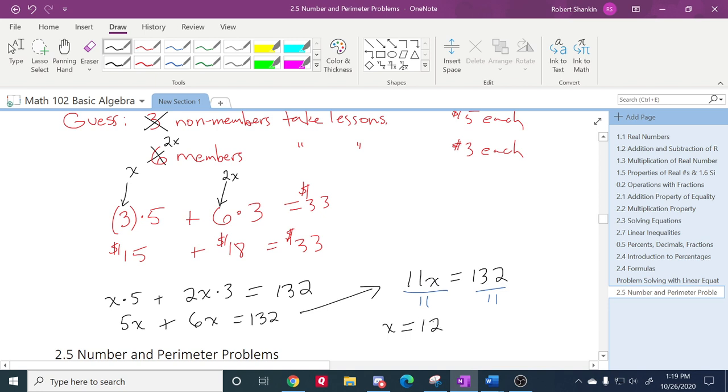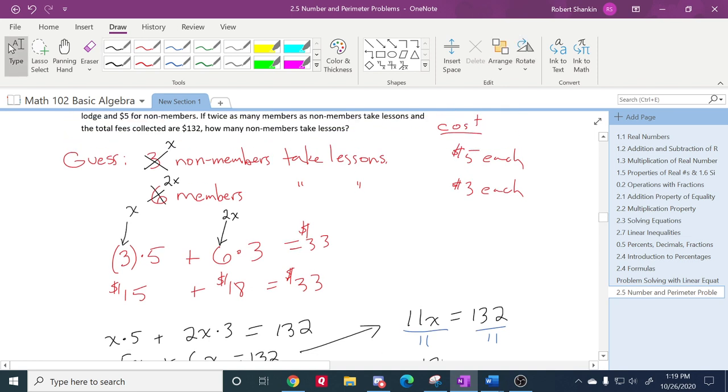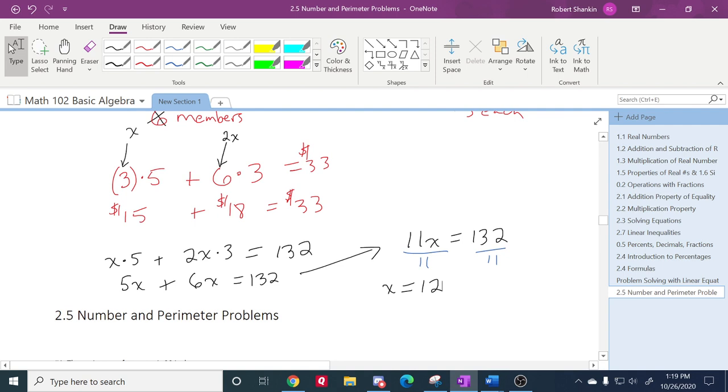And then I have to interpret that correctly. 12 what? That's the non-members. And then twice as many.